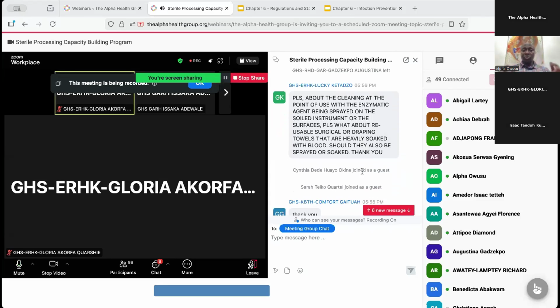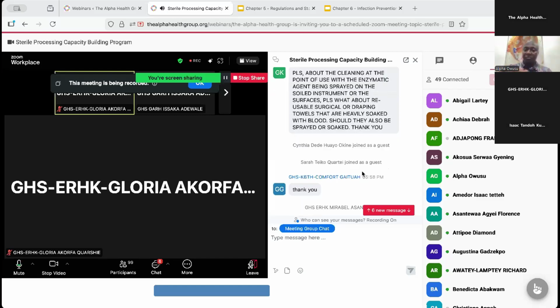When they do the procedure, the heavily soiled instruments, we have to wipe them at point of use. We use sterile gauze, soak it in sterile water, and then wipe the surfaces. When we wipe the surfaces, we don't leave them dry. That is when we use the enzymatic solution.